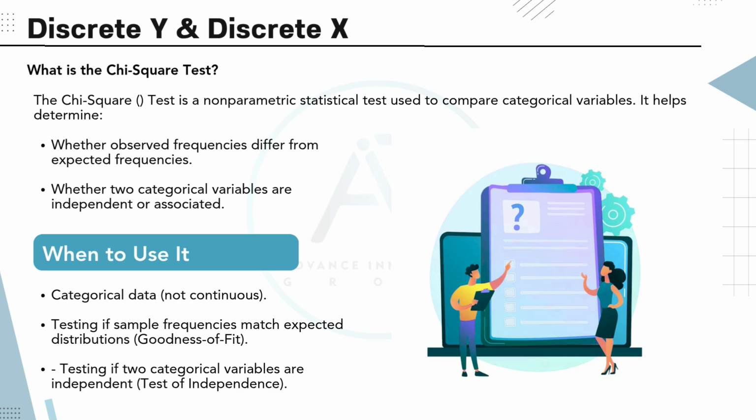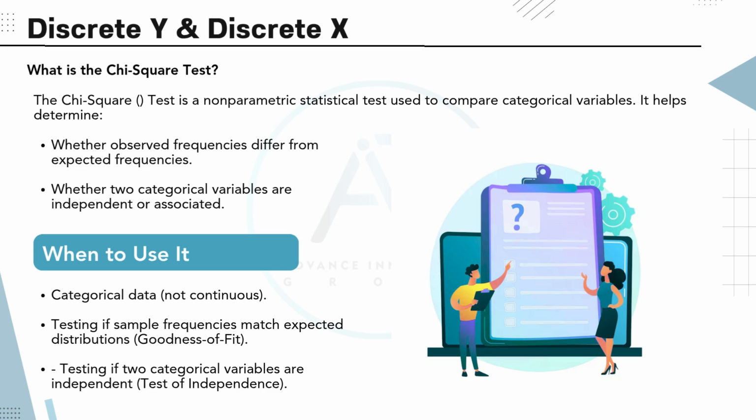Under the section When to Use It, note that chi-square is only applicable for categorical data, not continuous values like height or weight. It's widely used for goodness of fit tests, where you check whether your observed distribution matches an expected one. Test of independence, where you check whether two categorical variables are related or not.